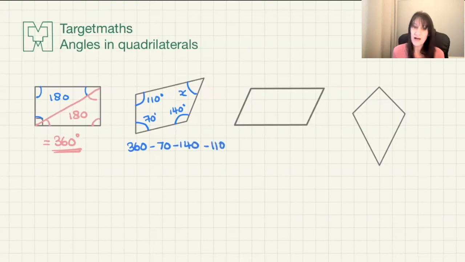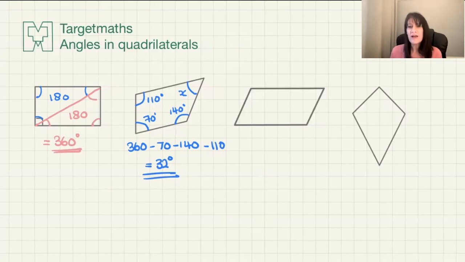All three angles that I have been given will get taken from the 360 to leave me my answer for X, and that is 32 degrees. If I was doing that in a calculator, I would probably literally put it in like that. If I was doing it by hand, then I would add those so that when I do my takeaway, I'm just taking one total away and not actually doing individual takeaways.